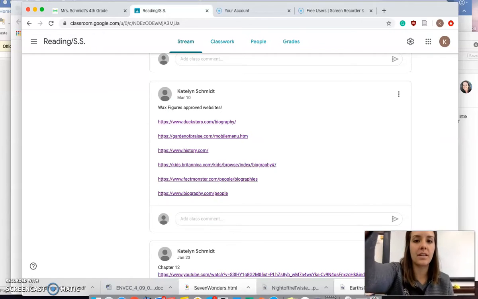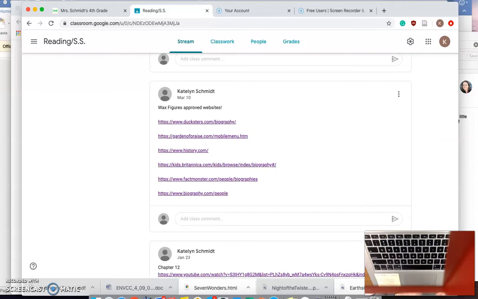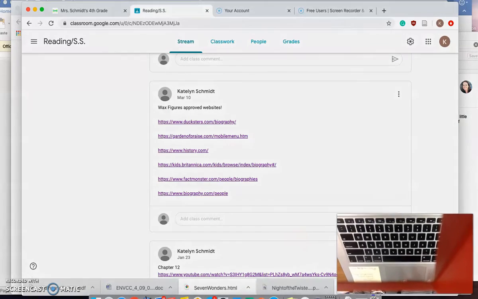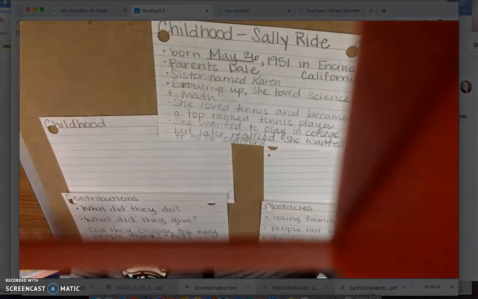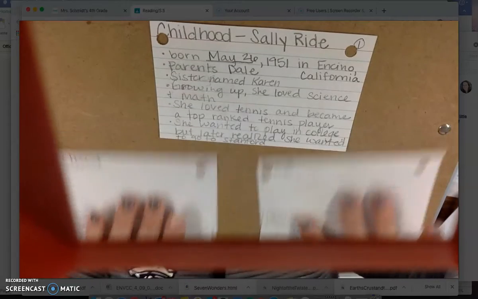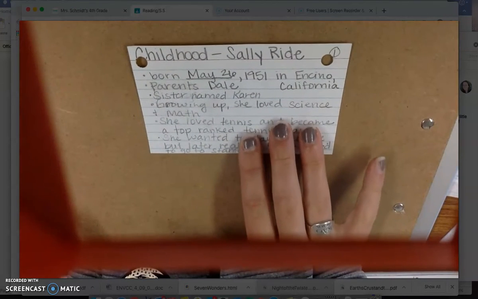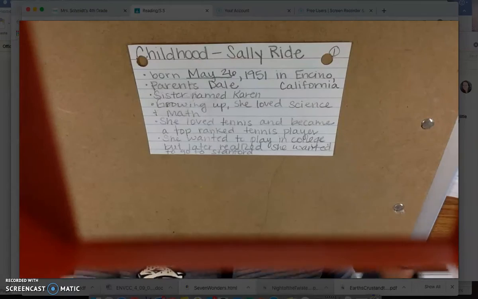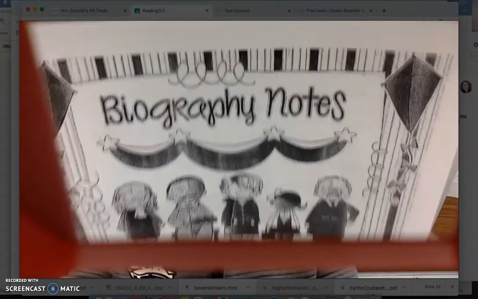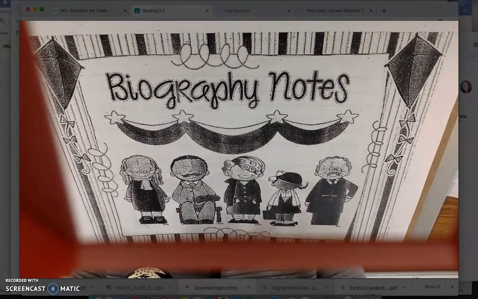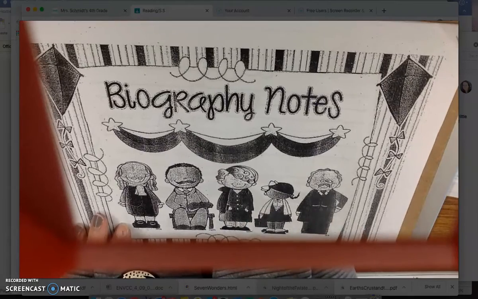Now you should be able to see this, and I'm going to make it a little bit bigger. These are my note cards. On each of your note cards, you can break it up by the different categories that are in your biography notes packet. One of them is childhood.